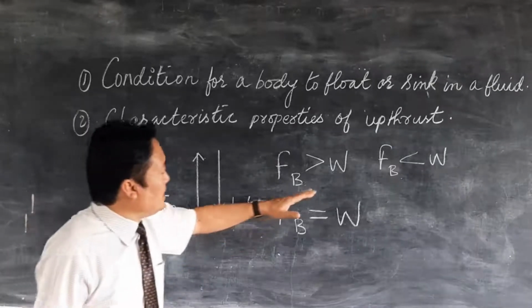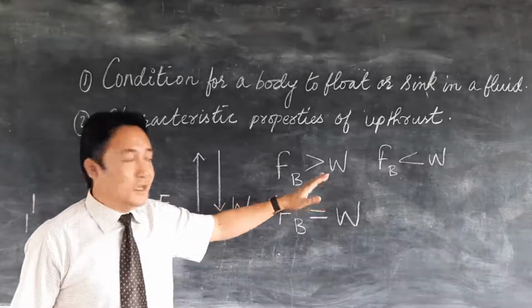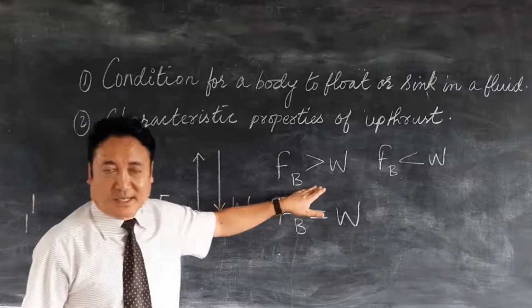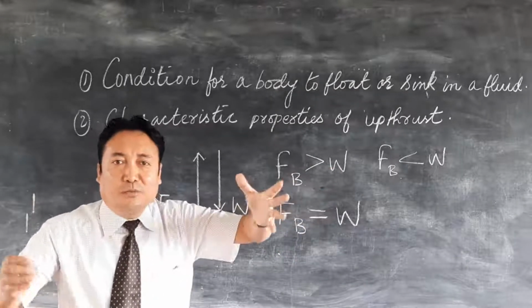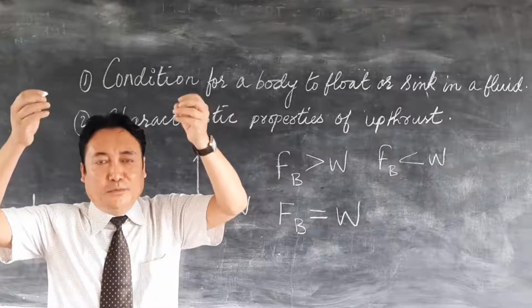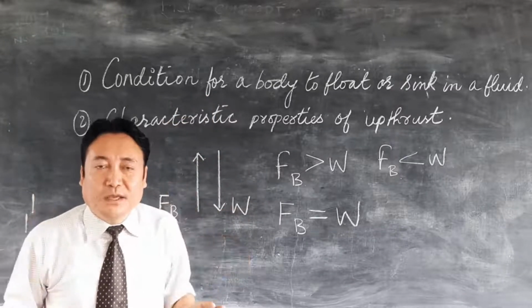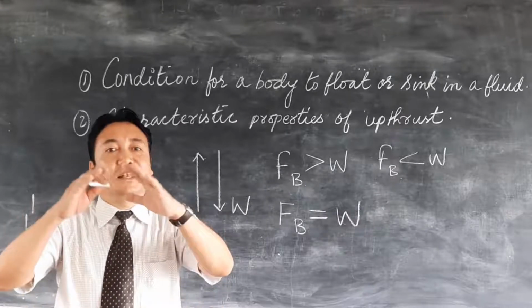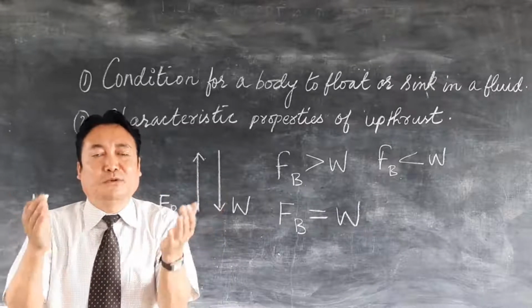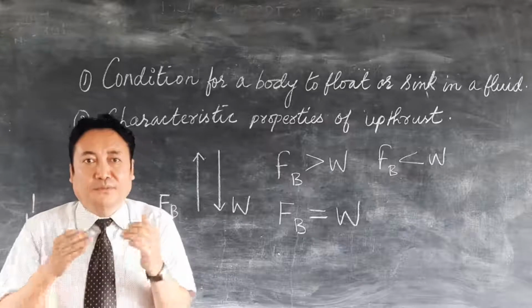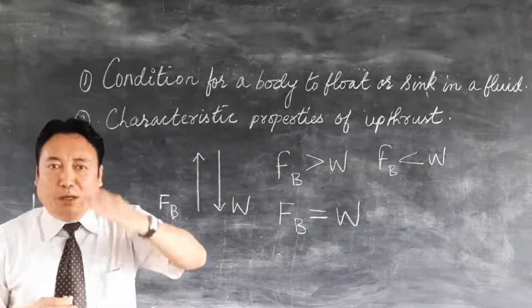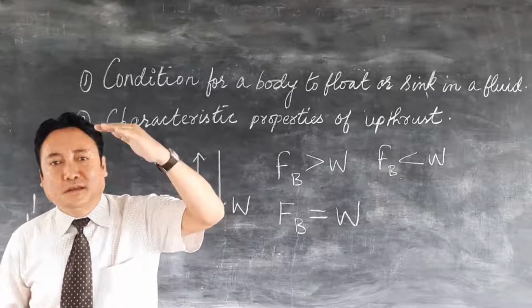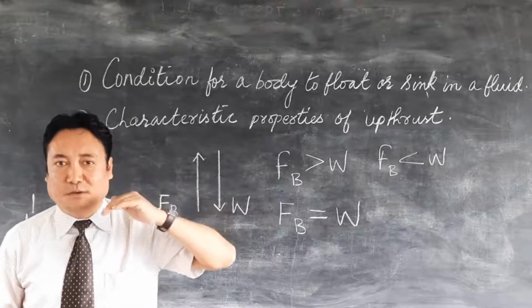So the first example which I have given you. Larger volume means you take a body and put it into a fluid. If the volume of that body immersed in the fluid is more, that means the larger portion of the body will remain under the water, and a small portion of the body will remain above the surface of the water.